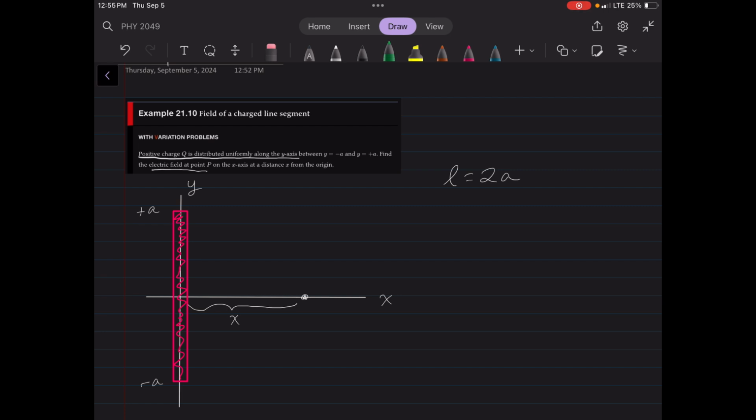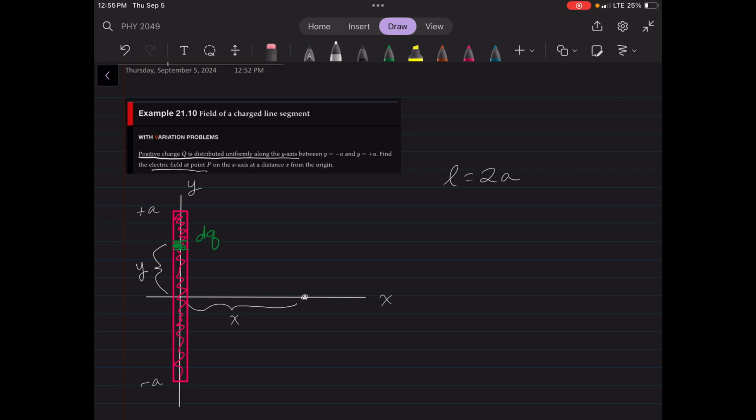We're going to start off by assembling the electric field vector due to an infinitesimally small chunk of charge, which we can place in an arbitrary location. I'm going to place it right here. That's my little piece of total charge Q, which I'll call dq. We're going to need its location for later: it is somewhere on the y-axis, given by coordinate y.